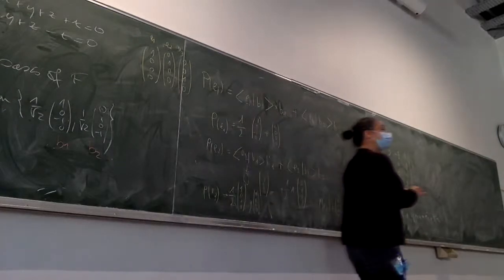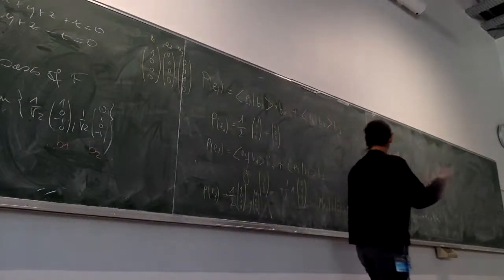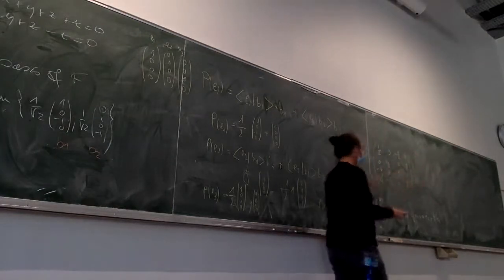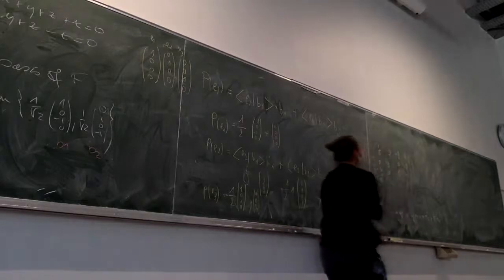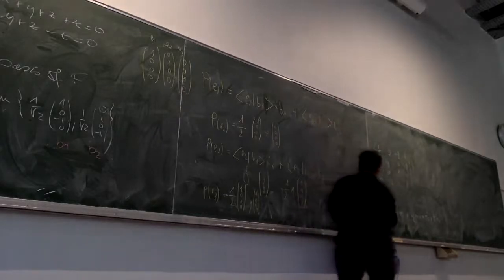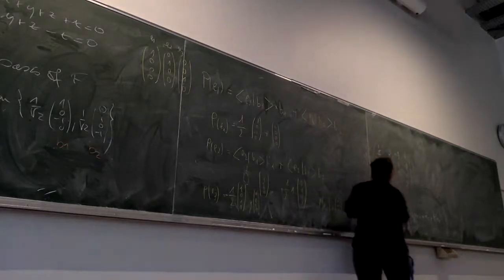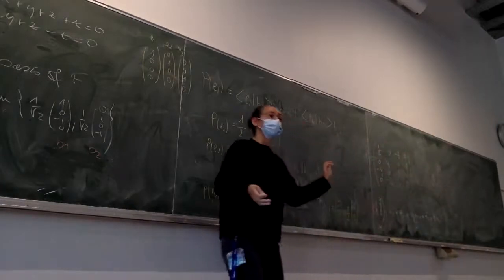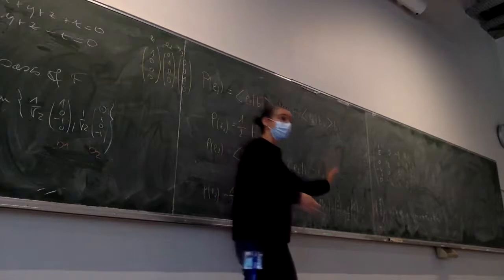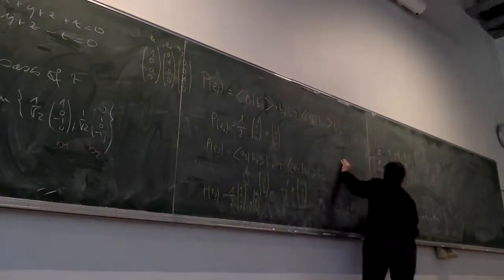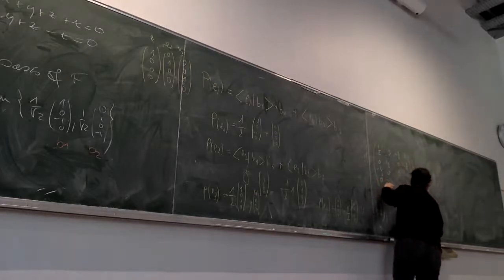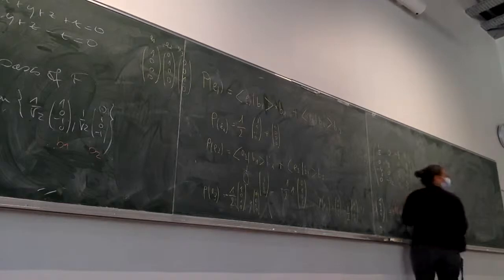Now, if you apply some linear map, whether it's a projection or not, to this, and you use linearity, it's just going to be x times p of e1 plus y times p of e2 plus z times p of e3 plus t times p of e4.